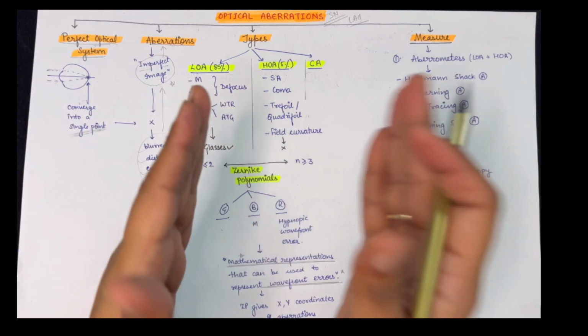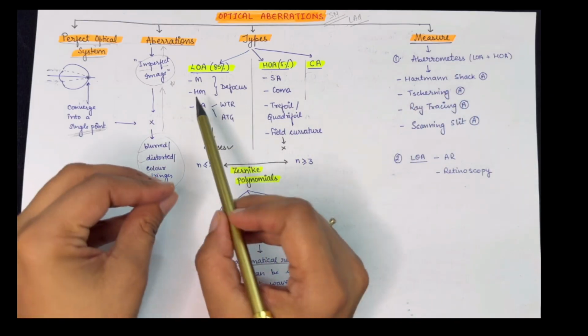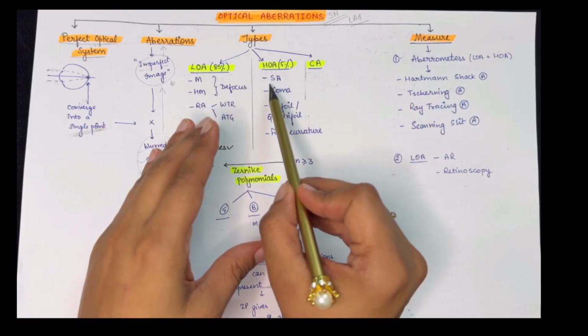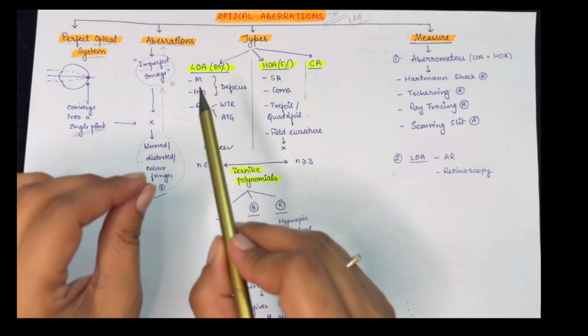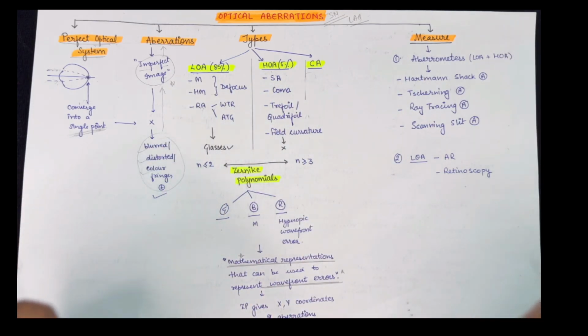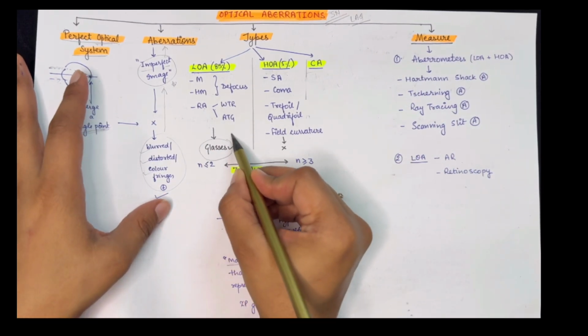Fine. Now let's come to the types of aberrations. We divide them into three: lower order aberrations, higher order aberrations, and chromatic aberrations. So what are lower order aberrations? Remember, those aberrations which can be corrected with glasses.